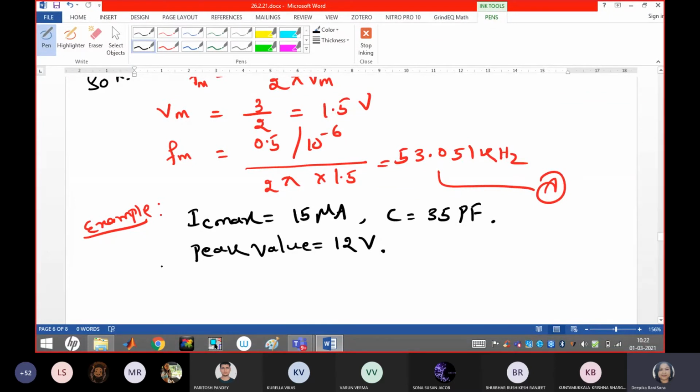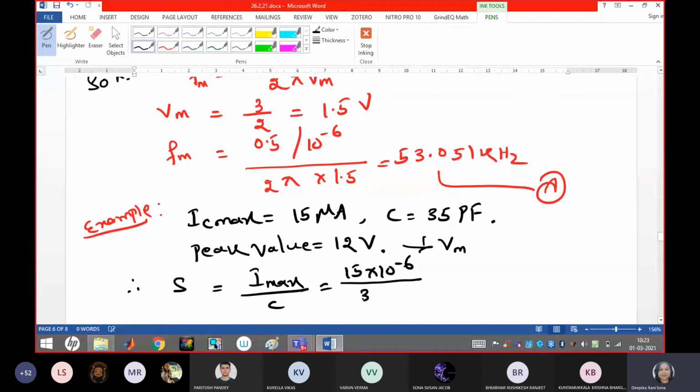So here, what are the data given from this? How much can we calculate? The peak value is given, it means Vm is given, guys, not peak to peak, right? So from this, at least we can calculate S in terms of Imax by C. How much will be the value? (35 picofarad).